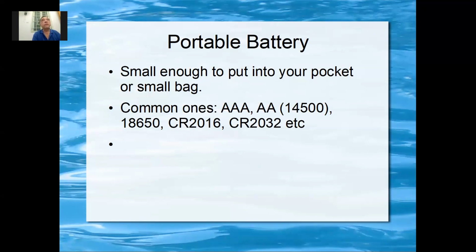These two are the common ones, AA and AAA. The bigger one they call C cell. Even bigger ones are called D. But nowadays it is not easy to find. Very few people use even C or D. In the past, when they needed more energy, like in a torchlight, they used a C cell or D cell.